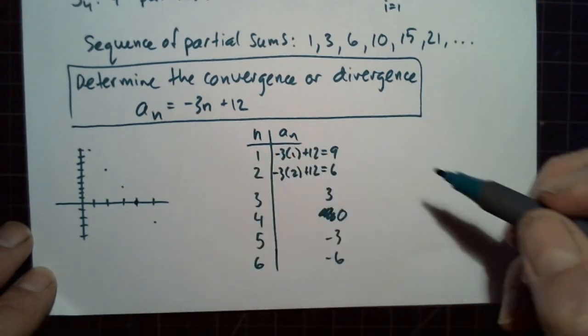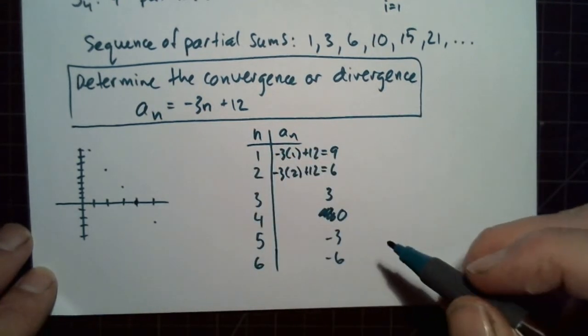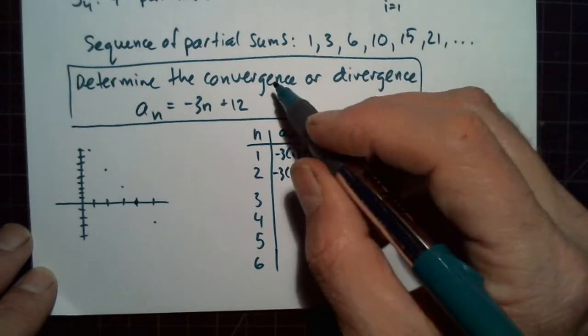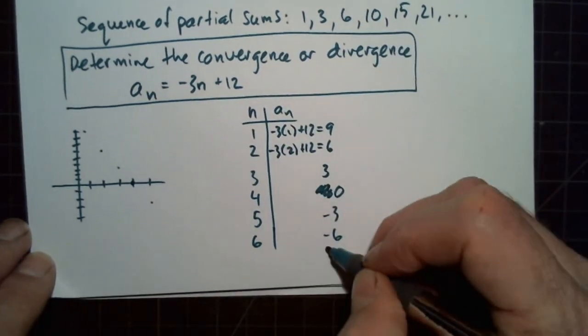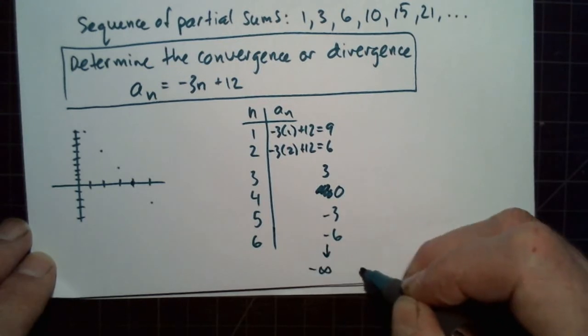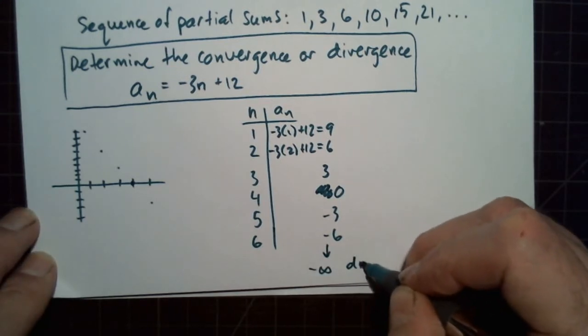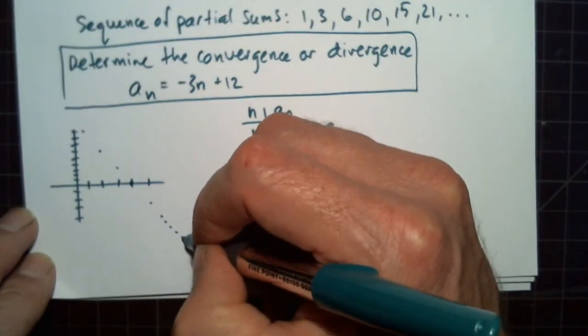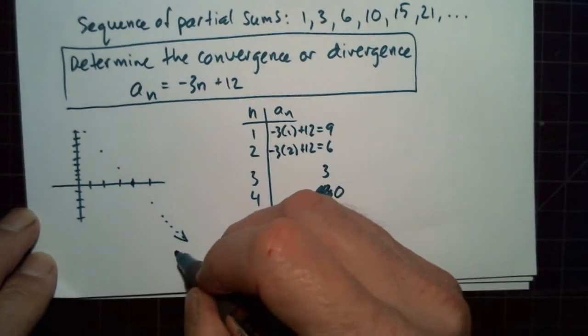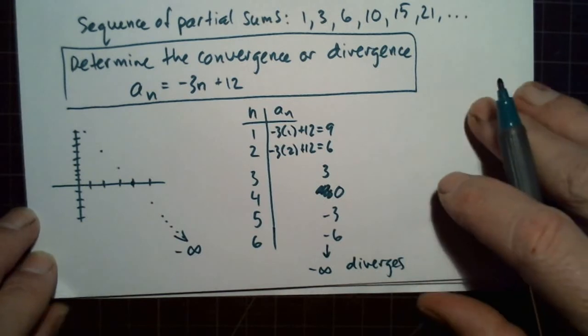Negative 3. And we can see that it's not going to converge, it's going to diverge. These numbers are going to negative infinity, and so we say that it diverges.